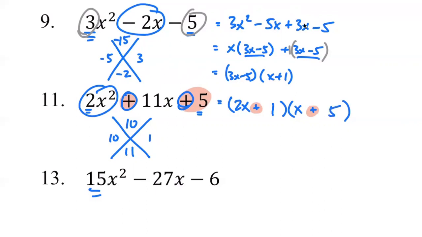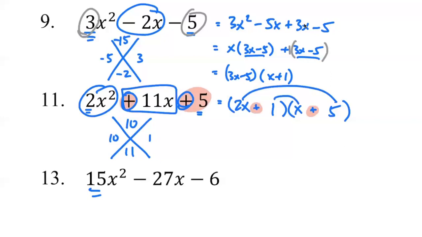To answer this question, that would depend on how good you are in terms of foiling. If you are good with foiling, then you understand that we do the first, and then the outside and the inside, and then the last. Now, the outside and the inside are the two terms that would give us the 11x.